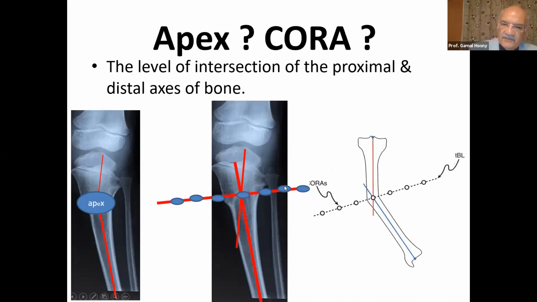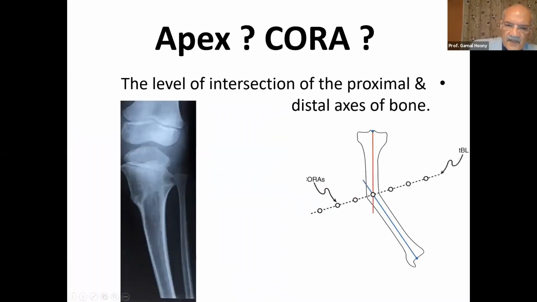Any point over this line is considered a CORA. So they are all CORAs. Again, they meet each other in the middle. We draw the transverse bisector line, and any point here is the CORA.